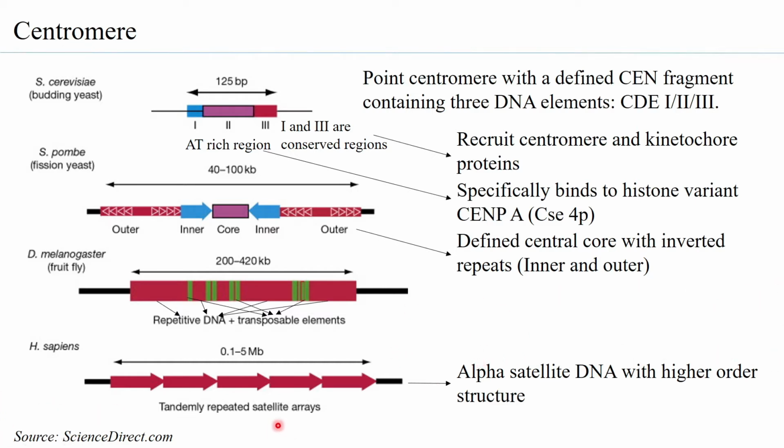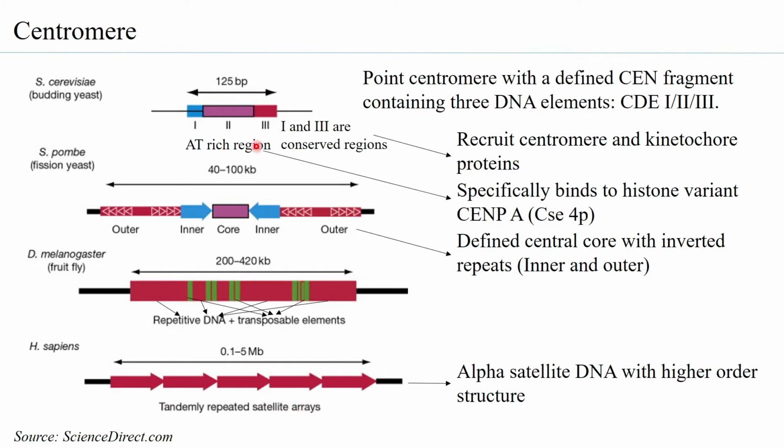That is why it is called a satellite, and tandemly repeated because it is one after the other that it gets repeated. Here you don't really have inverted repeats, they are all direct repeats, that is, they are present only in one direction. These are in humans called the alpha satellite DNA, and that contributes to making the centromere have a higher order DNA structure. So that is very important.